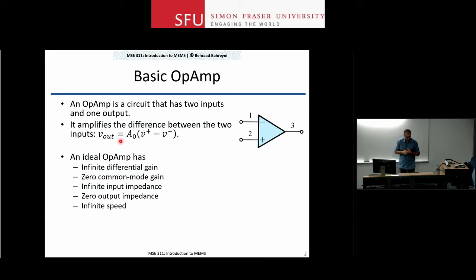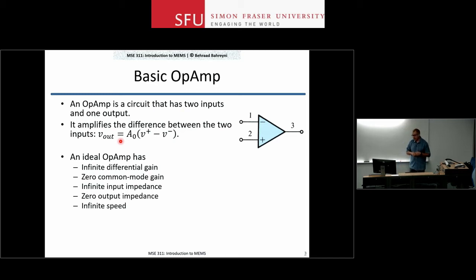The op-amp has a 0 output impedance, meaning that the third terminal in that graph behaves more or less like an ideal voltage source. You can draw any current that you want from it without affecting the performance of the device. And then finally, an op-amp has infinite speed. What happens at the input immediately affects the output. So that's going to be an ideal op-amp, right?